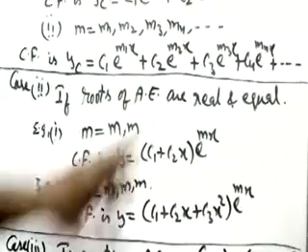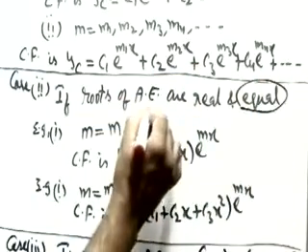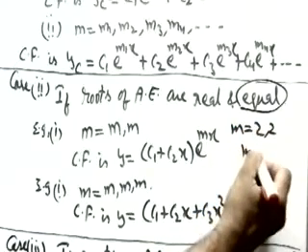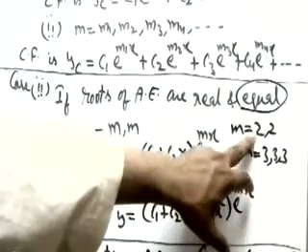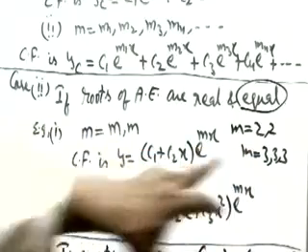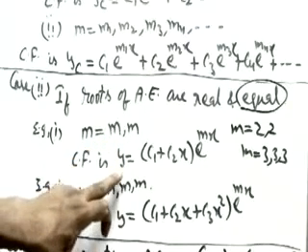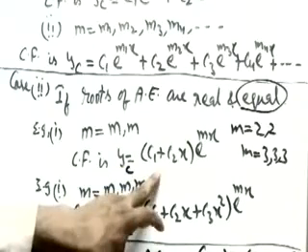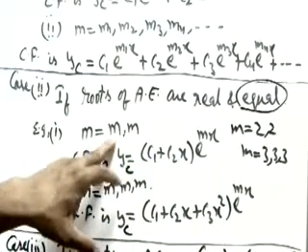Case 2 is when we get the m values real and equal. If the m values are repeated, suppose we got m = 2, 2, or m = 3, 3, 3, then we have to use this formula. Suppose we are getting two values the same; the complementary function is yc = (c1 + c2 x) e^(mx).